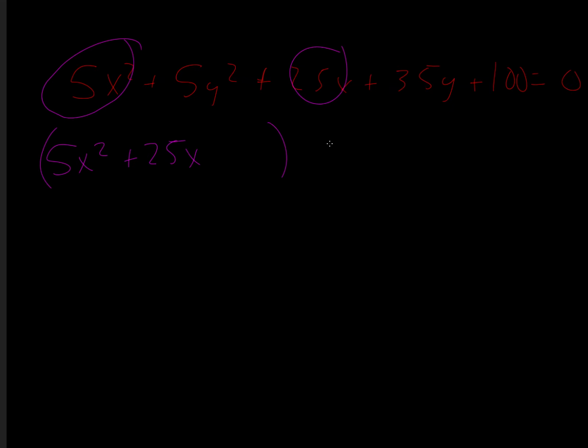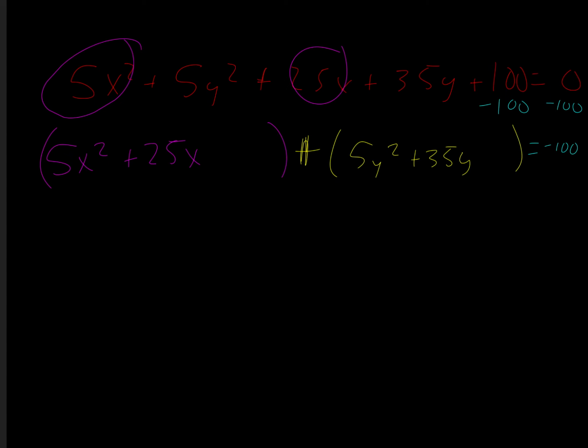Okay, I'm going to do the same thing with the y's. I'm going to say 5y squared plus 35y, leave a space. And then I'm going to subtract 100 onto the other side. And so I get negative 100. Okay.